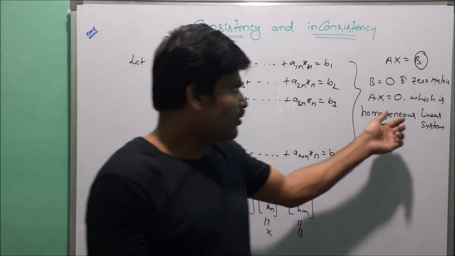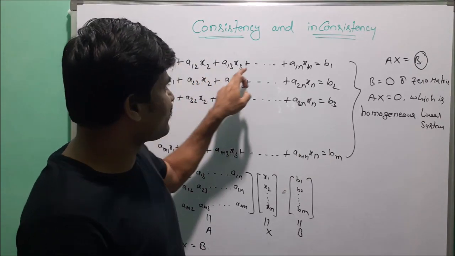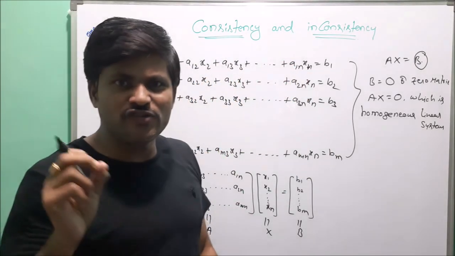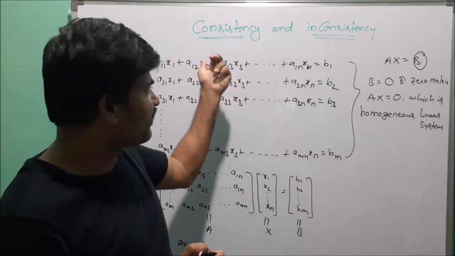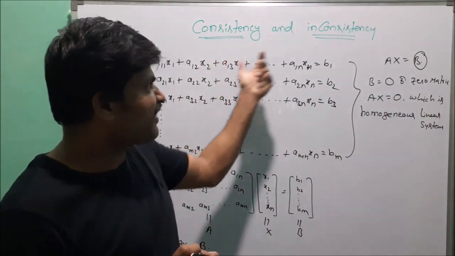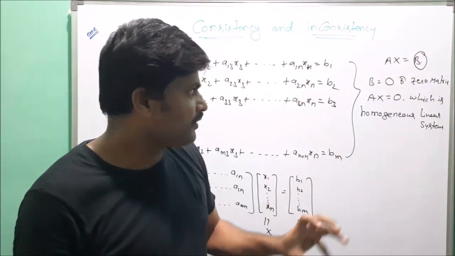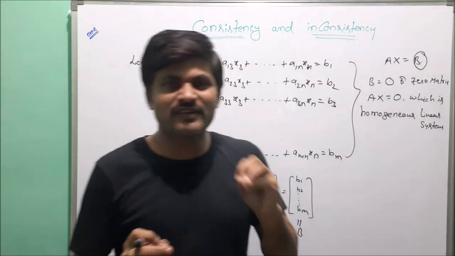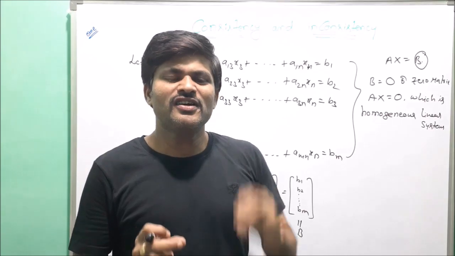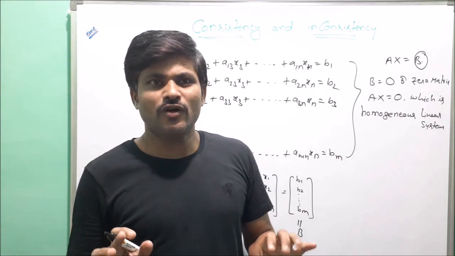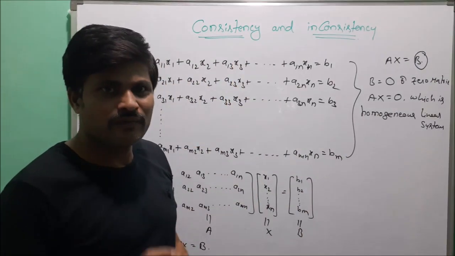In a homogeneous linear system we take x1, x2, x3 and so on xn equal to zeros. Then substitute these zeros in this equation. Then it will satisfy the right side value which is also 0. So the homogeneous system compulsorily has one solution. That solution is the zero solution. So this system is called a consistent system.